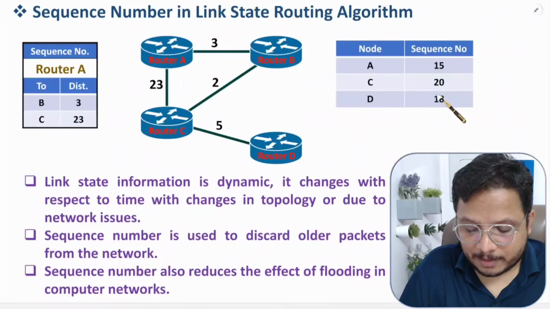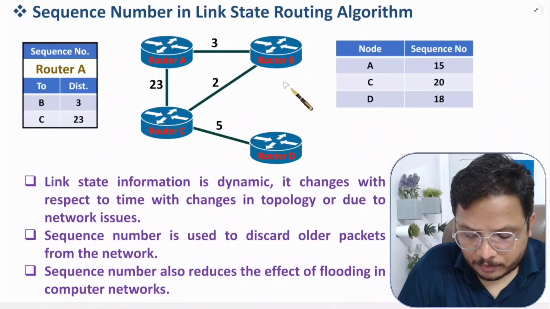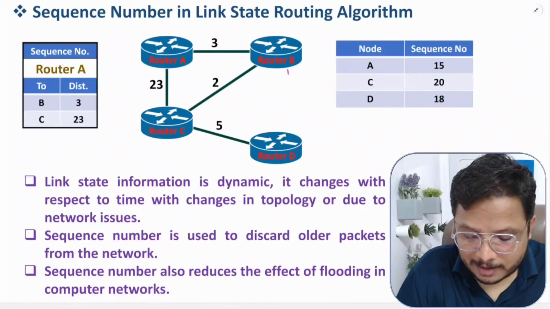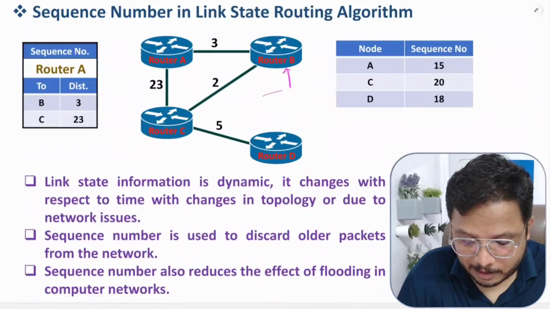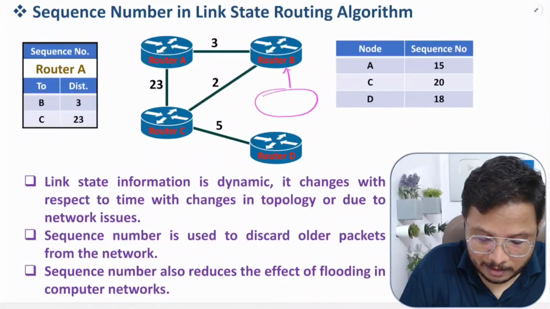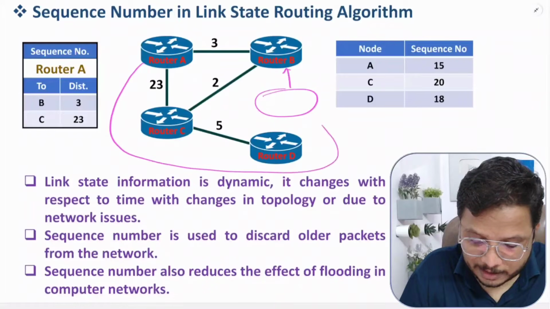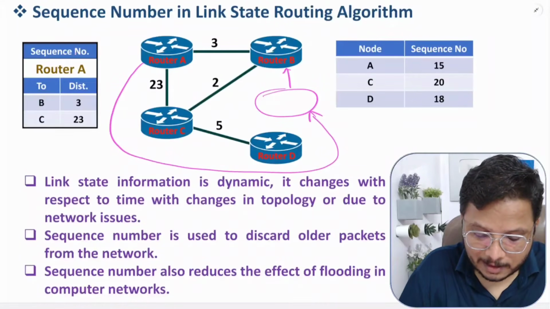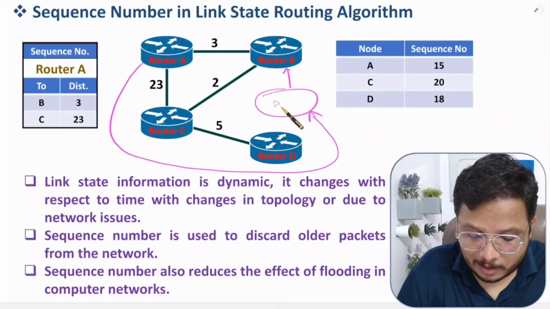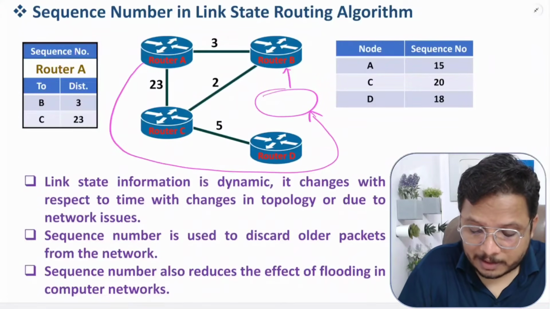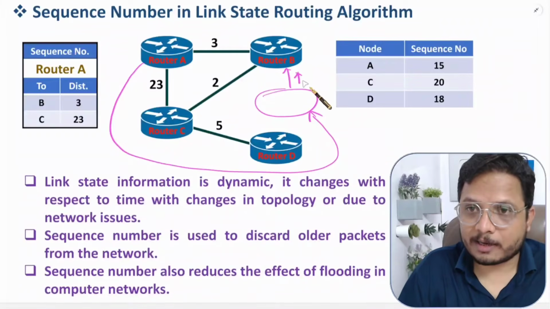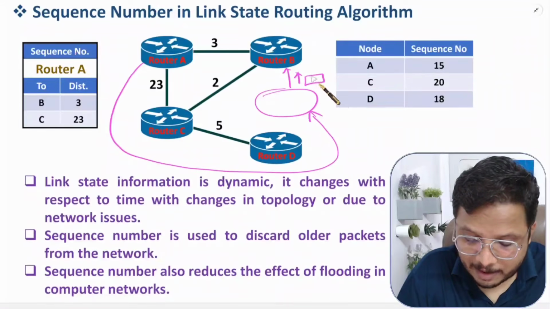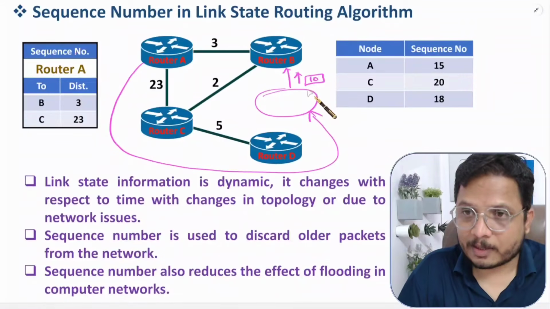Now let us say router B is also connected with some network, and via some long distance, router A's link state information comes over here, and that information has sequence number 10.